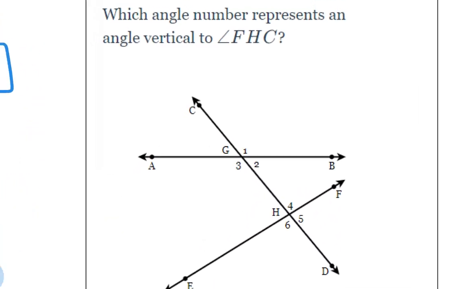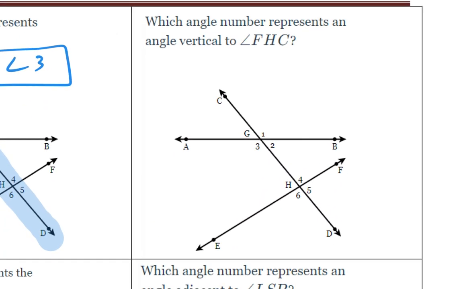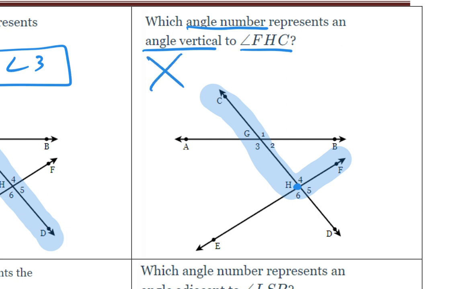Next, because we're trying to prove it given the information you have, which angle number represents the angle vertical to FHC? So let's trace out FHC first. FHC, because we know that H is right there. Okay, vertical. So we know vertical angles look like that, right?